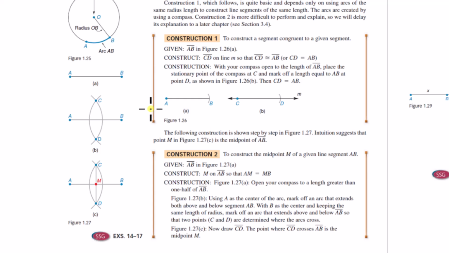Okay? So, therefore, where those arcs cross, we know that the distance from A to C is the exact same as the distance from B to C. And the distance from A to D is the exact same as the distance from B to D. These distances must be the same. And so I guess now the symmetry of that is going to mean that the two diagonals of this, I don't know if that's a square or what, are going to bisect each other.